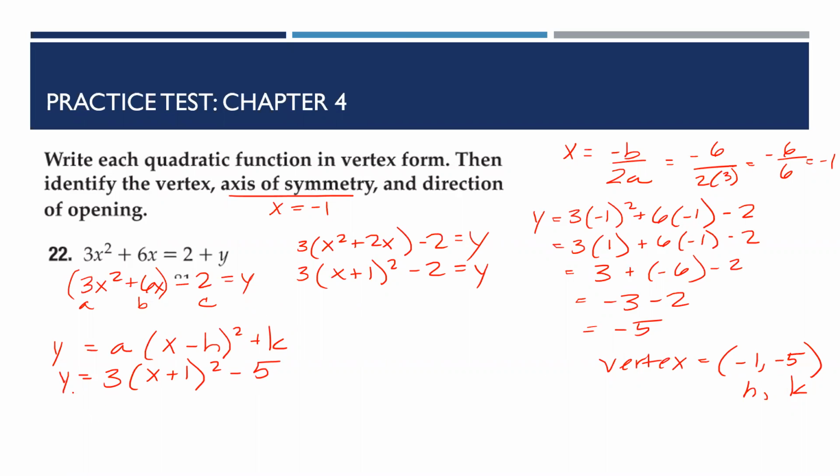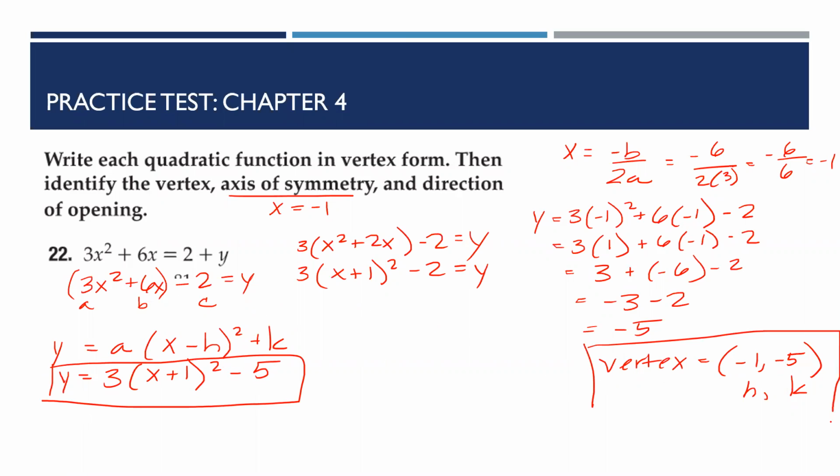So this is the function in vertex form. And then our vertex is here, and the axis of symmetry is here. Direction of the opening, it's positive, so the parabola would be like this. It would be opening upward.